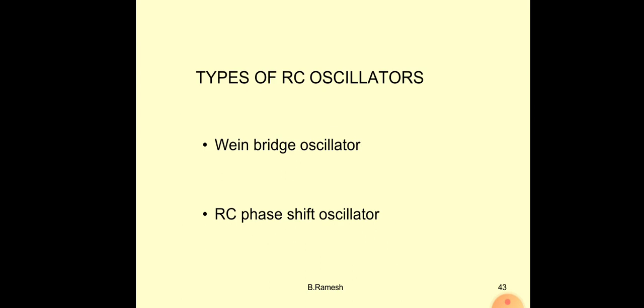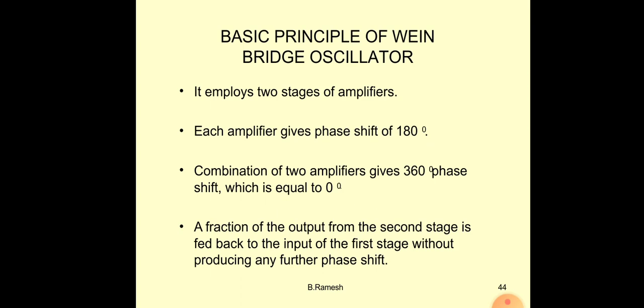Types of RC oscillator: Wien bridge oscillator and RC phase shift oscillator. Basic principle of Wien bridge oscillator. It employs two stages of amplifiers. Each amplifier gives a phase shift of 180 degrees. The combination of two amplifiers gives a 360 degrees phase shift, which is equal to 0.